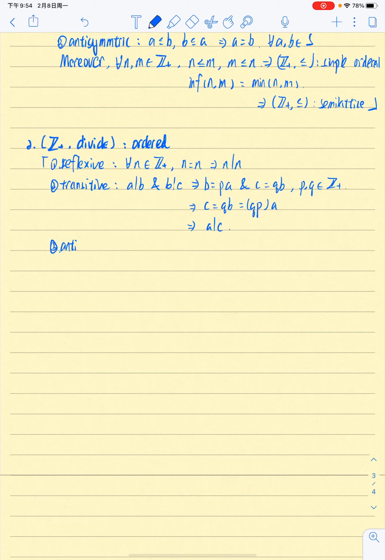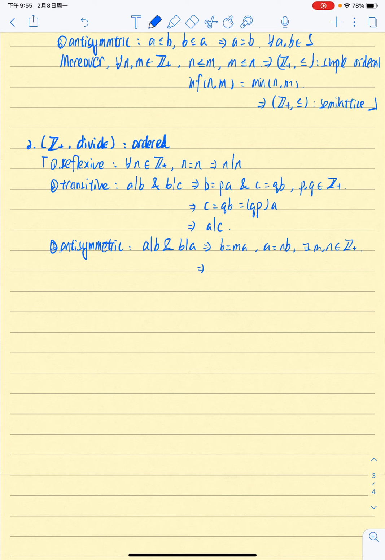And anti-symmetric. For every element, A can divide B, and B can divide A, then there must exist some M and N, positive integers, such that B is equal to MA and A is equal to NB.